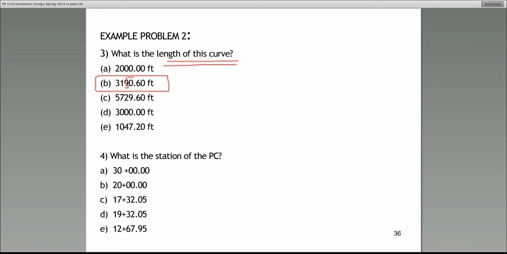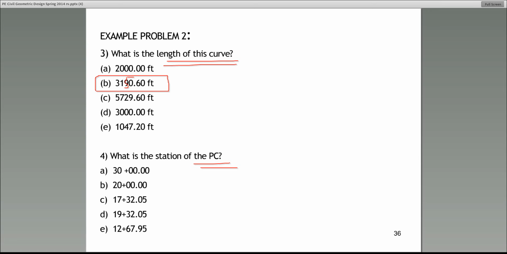What is the station of the PC? They give you enough information that you can calculate the station of the PI. So if you know the station of the PI, how do you come up with the station of the PC?